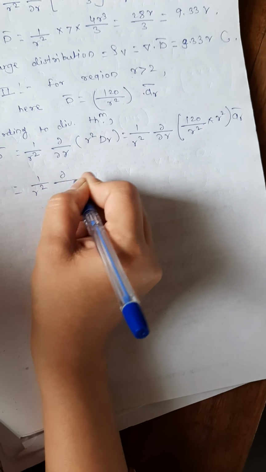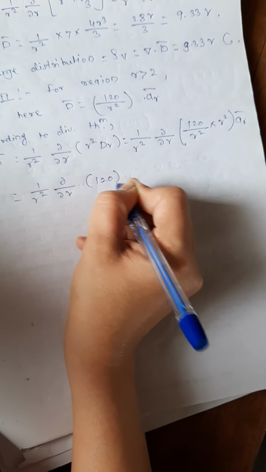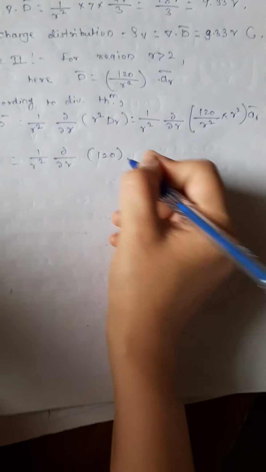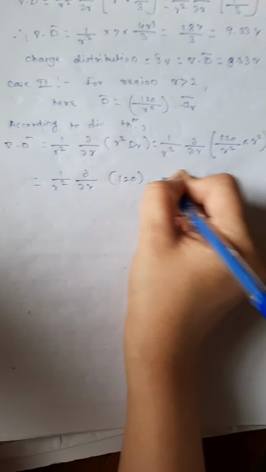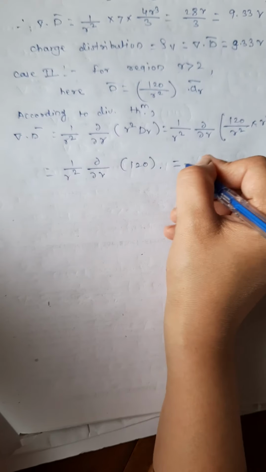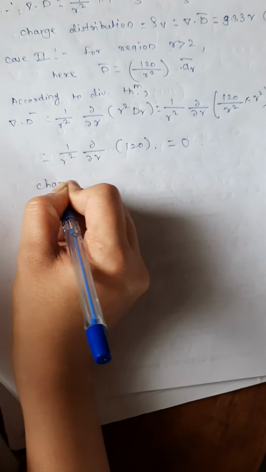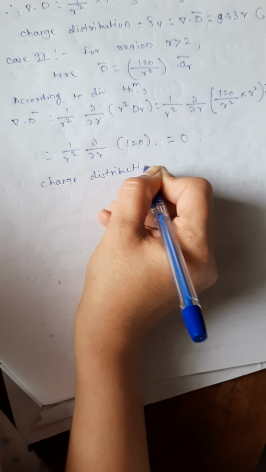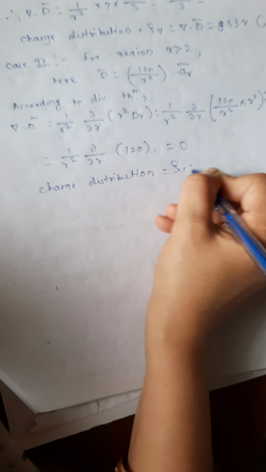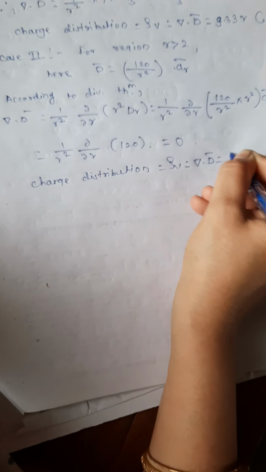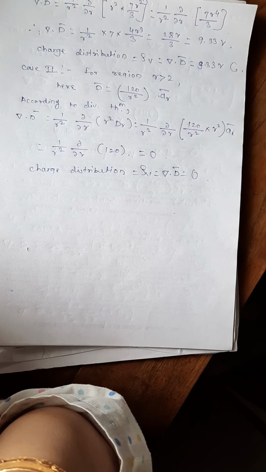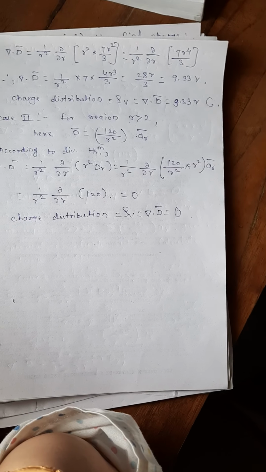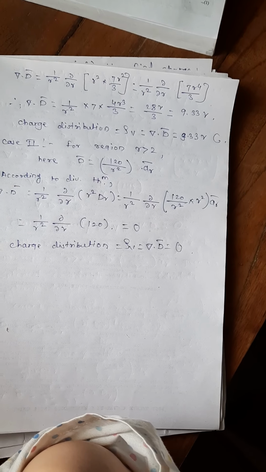So r square gets cancelled, it is 1 by r square d by dr of 120. So 120 is constant, the derivative of a constant is 0, so it becomes 0. So the charge distribution rho v, which is equal to del dot D bar, is 0. In this way we can find the charge density.